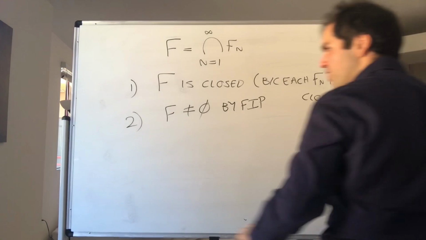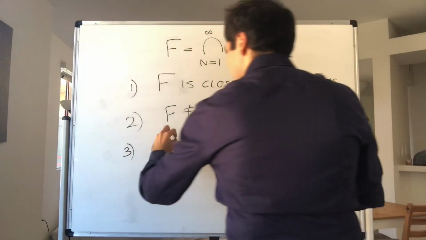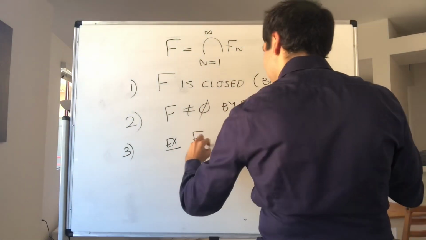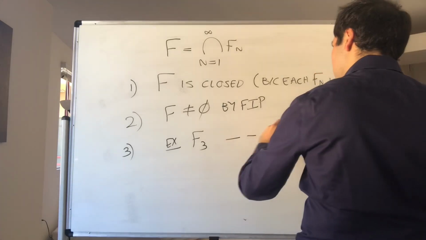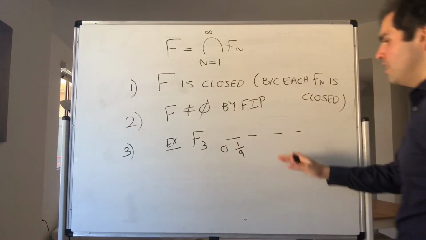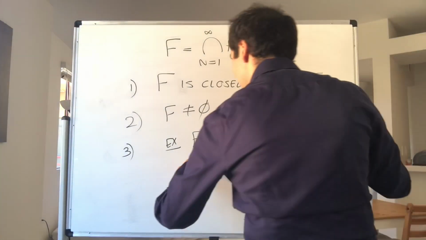Moreover, let's check out the following. What is the size of F? Let's look at F1, F2, F3, which, remember, is the thing with 0 and 1/9. Well, in that case, how many pieces does F3 have?